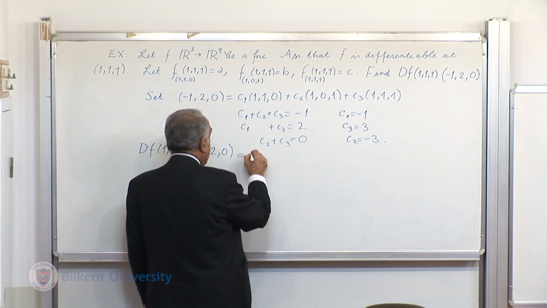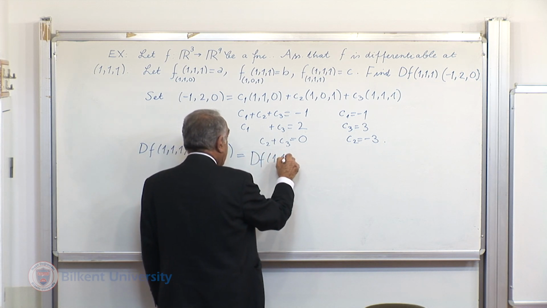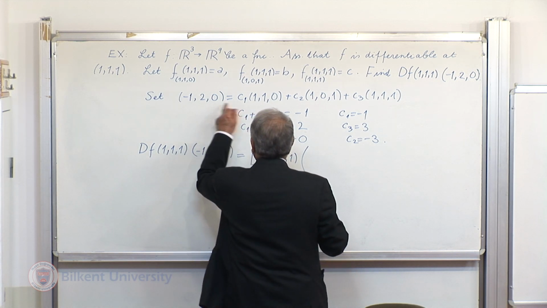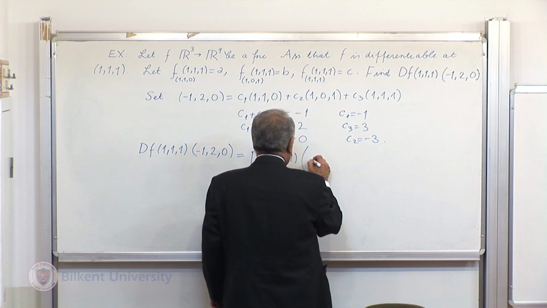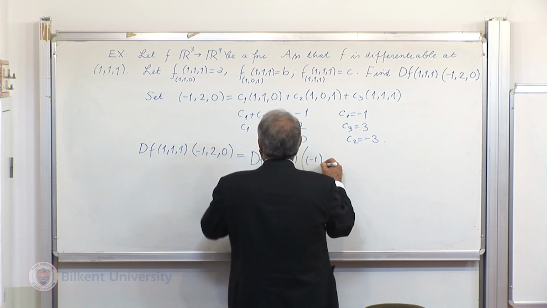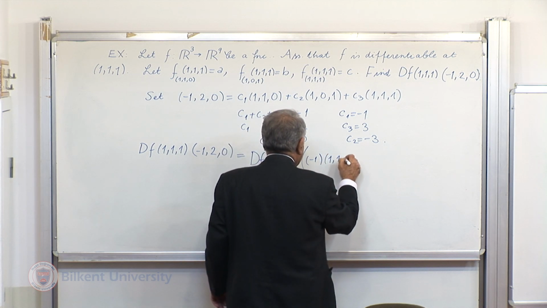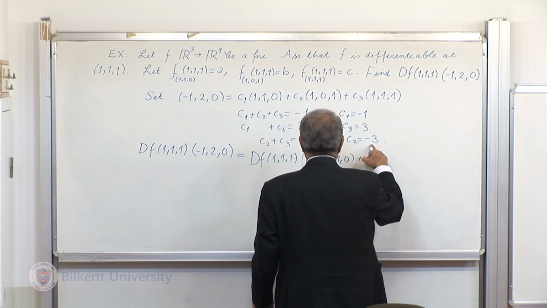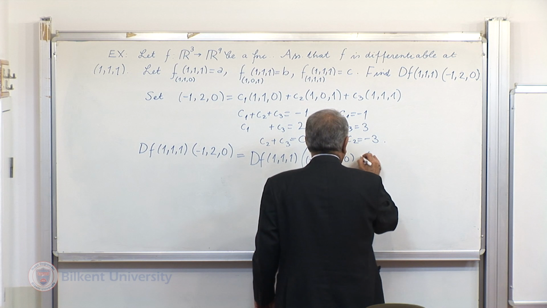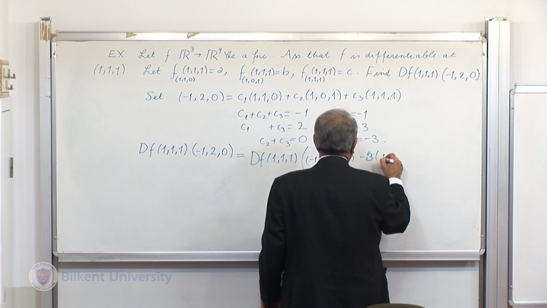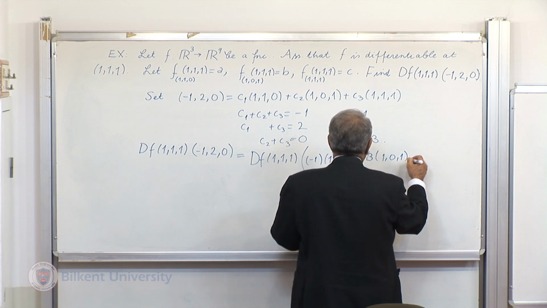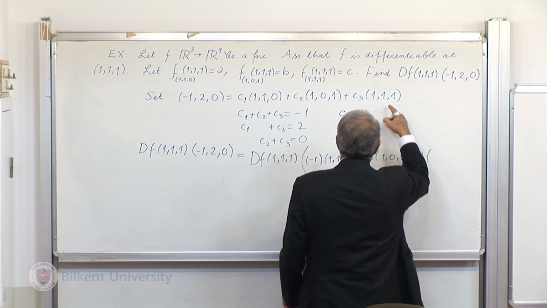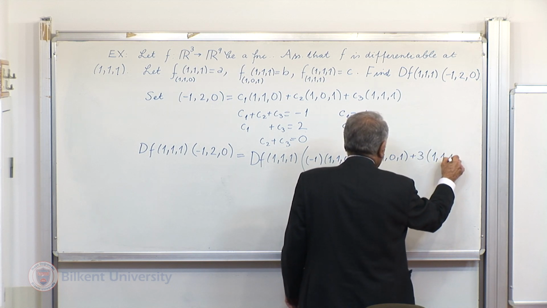Well, this will be equal to df at 1, 1, 1 of the linear combination of this, where we have -1 times, the first vector was 1, 1, 0, then C2 is -3, well, here, -3 times the second vector, that's 1, 0, 1, and then C3 is 3 times this vector, which is 1, 1, 1.